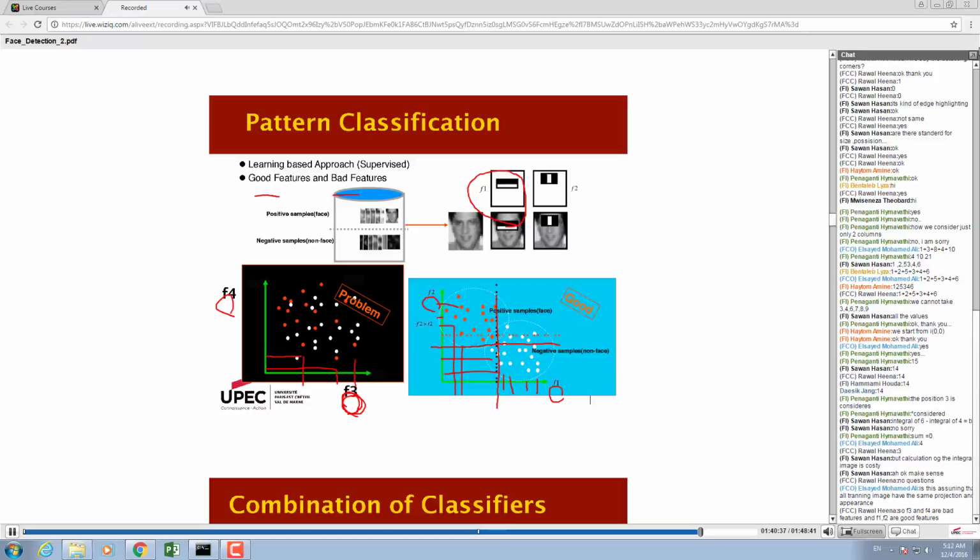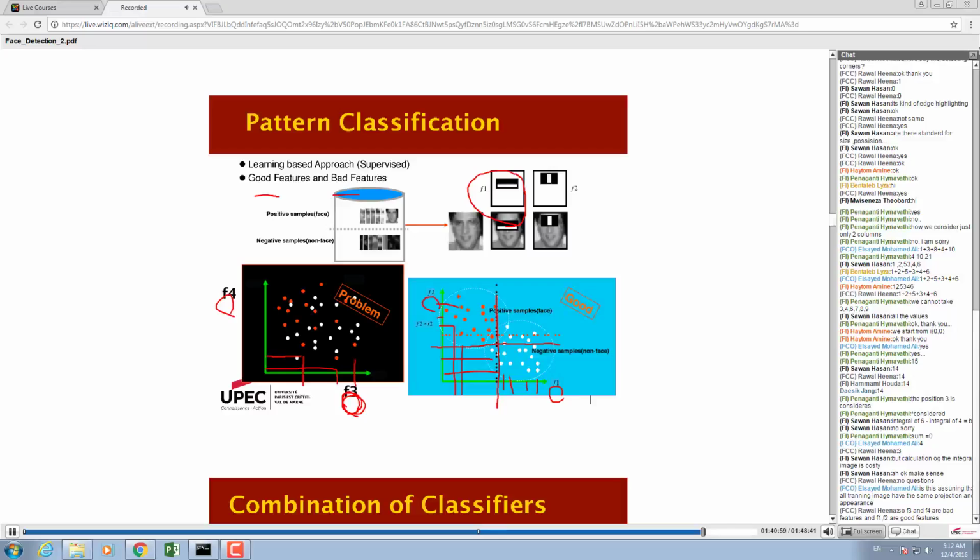But some faces are male, female, baby, every different person, and even if I apply the same feature, they generate slightly different values.